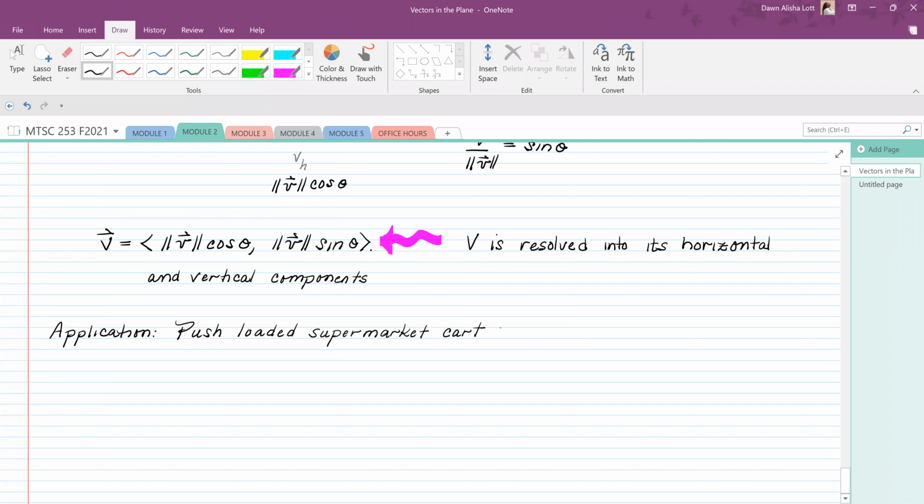By applying a 20-pound force F that makes a 30-degree angle with the horizontal.